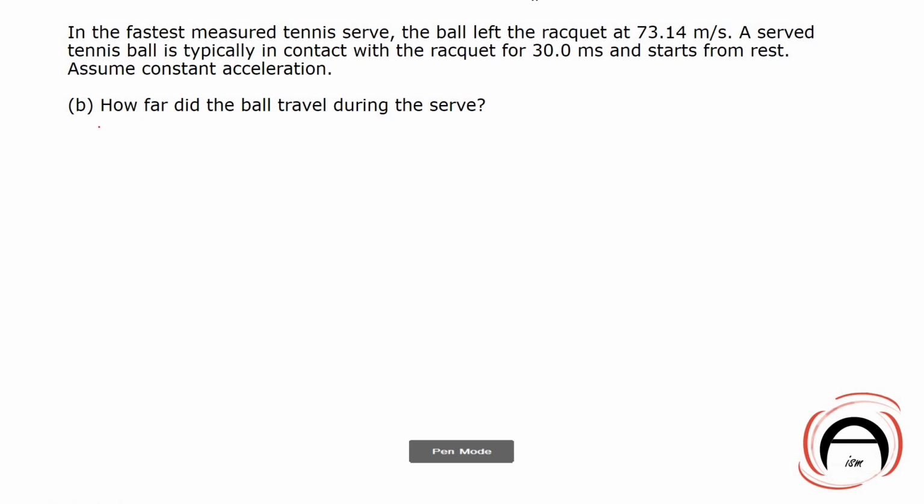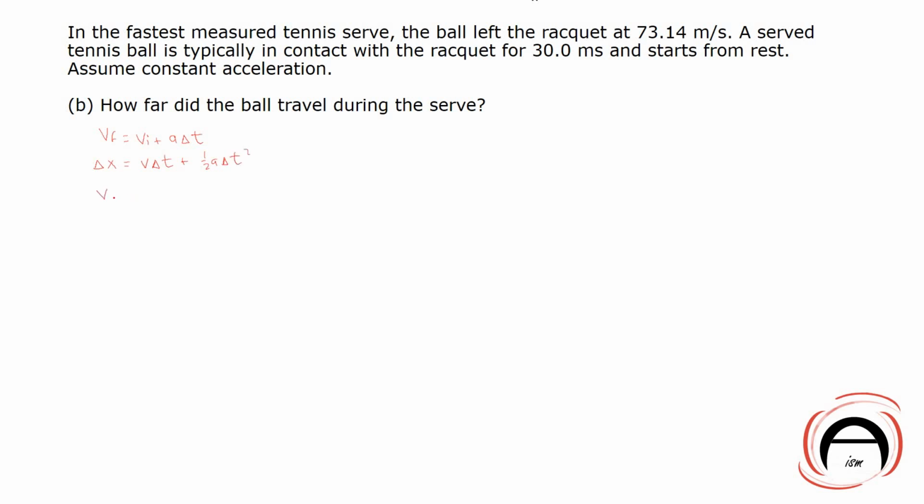Let's write down all of our kinematic equations again to see which one we're going to use. Final velocity is equal to initial velocity plus acceleration times delta t. Our second one, delta x, is equal to v initial times delta t, plus 1/2 a delta t squared.